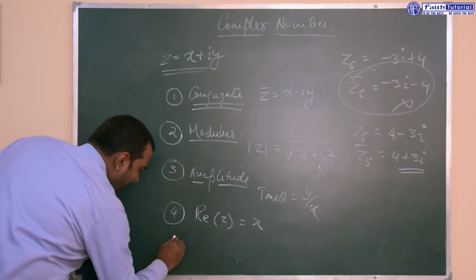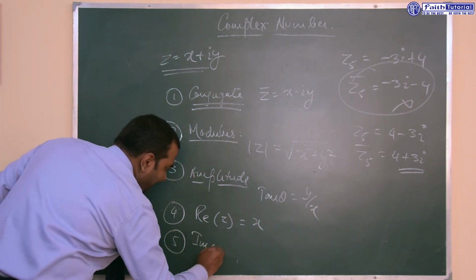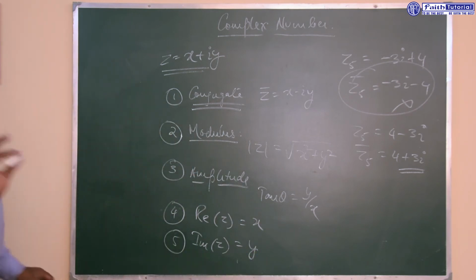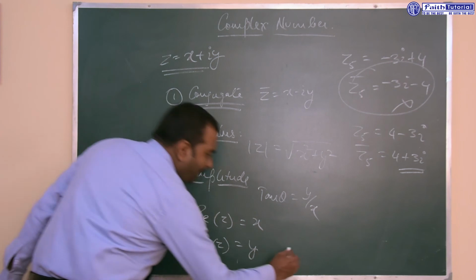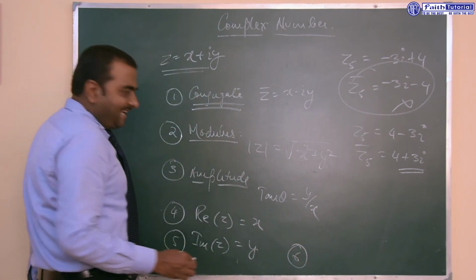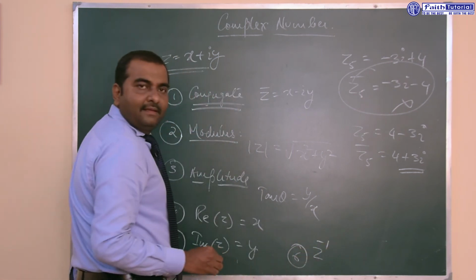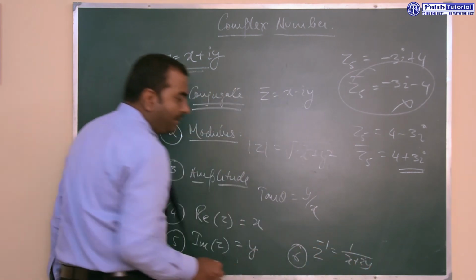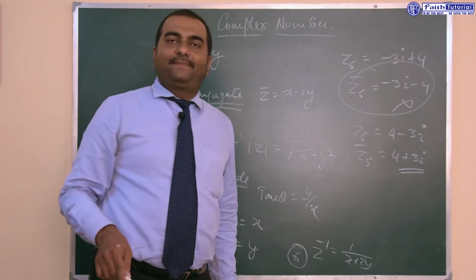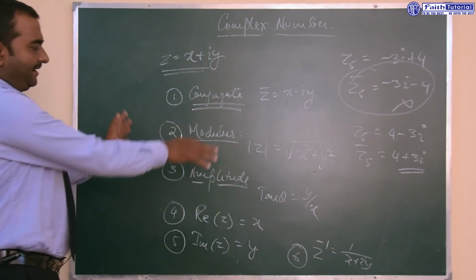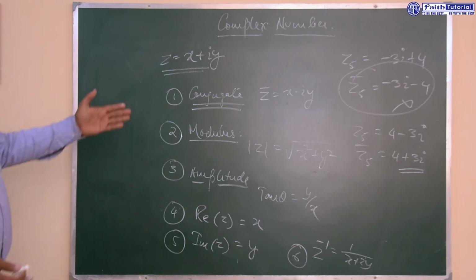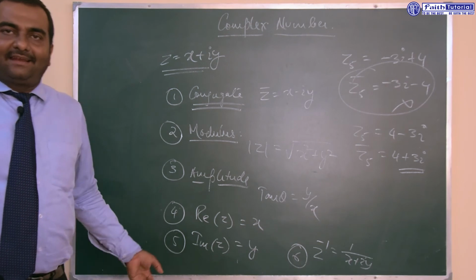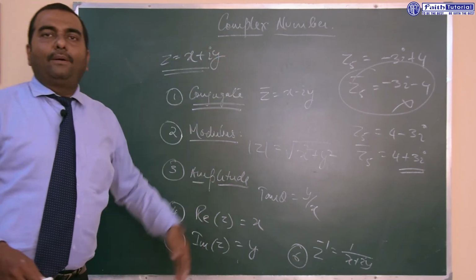The imaginary part, Im of z, is y. And a very important calculation, the sixth one, z inverse is 1 by x plus iy. Now it has to be again converted into x plus iy form. We need to see something related to it. So these are some of the important calculations at the basic level, which we have to calculate for a complex number.